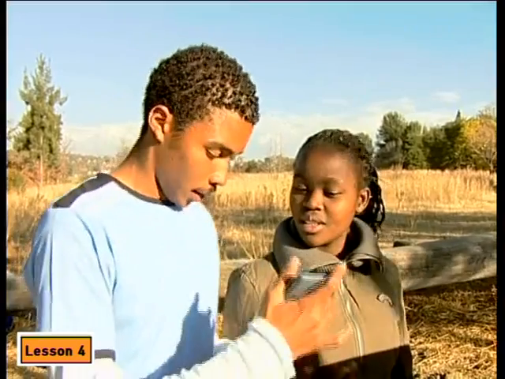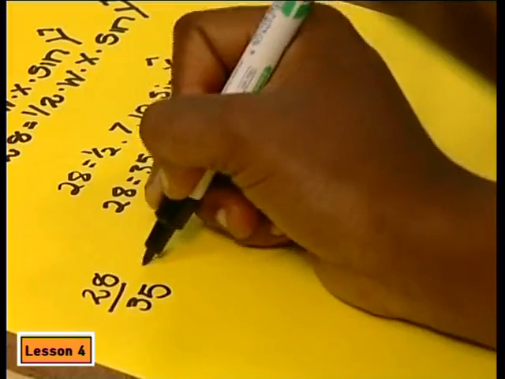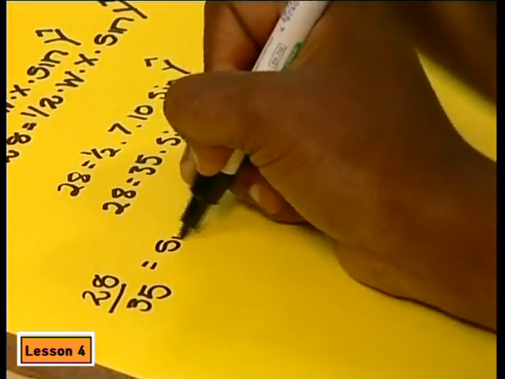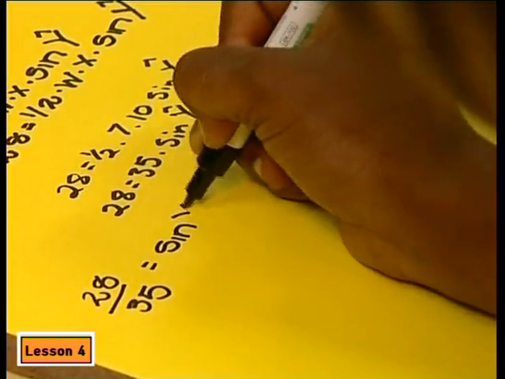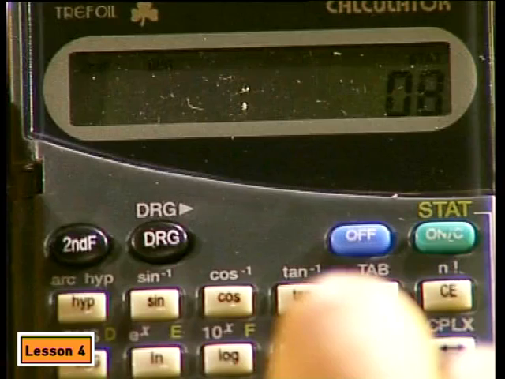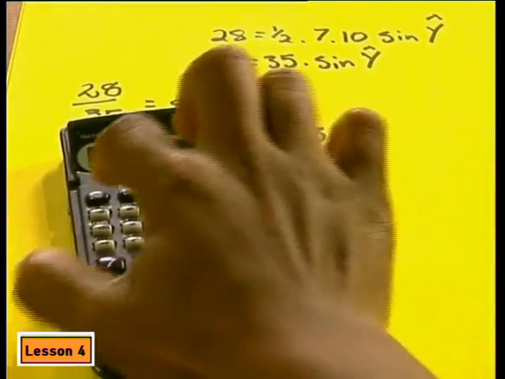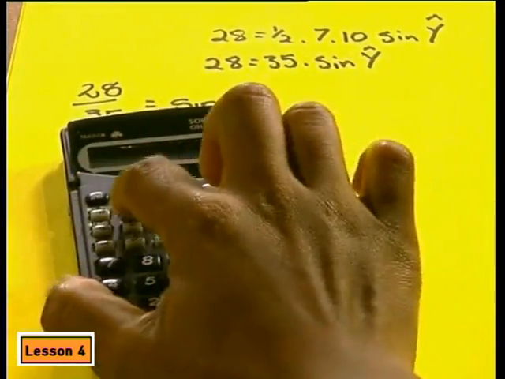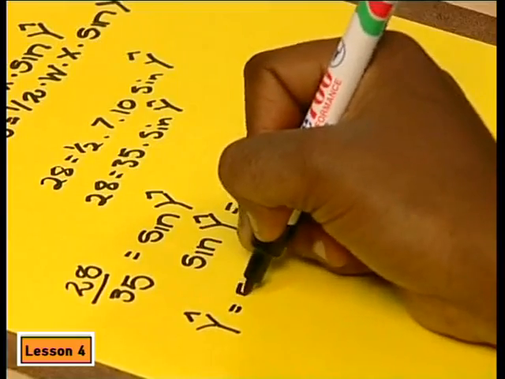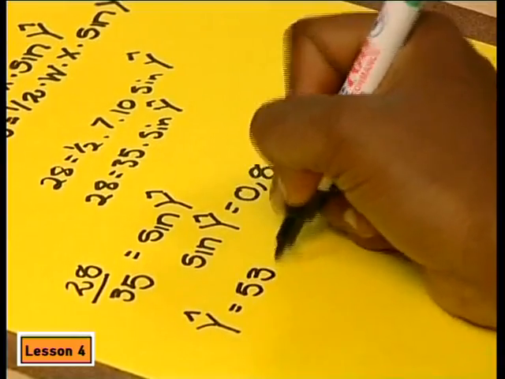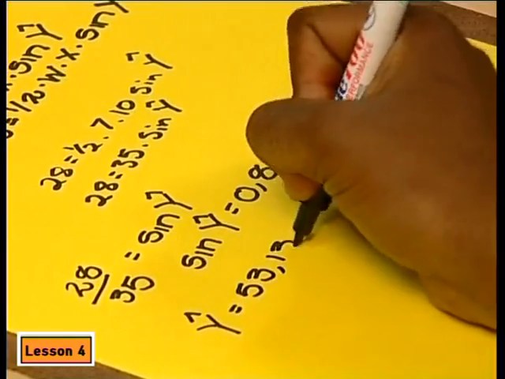That's quite hard, so I guess we'll have to use a calculator. Right, so that's 28 divided by 35 is 0,8. So if sine Y is 0,8, to get angle Y, we must use the inverse sine key on the calculator. That comes to 53,13 degrees. Let's round that off to 2 decimal places.